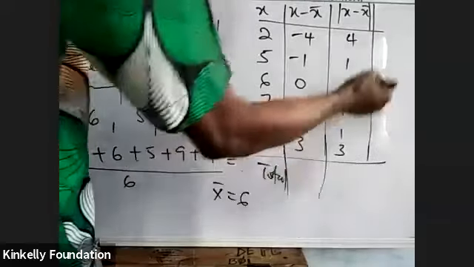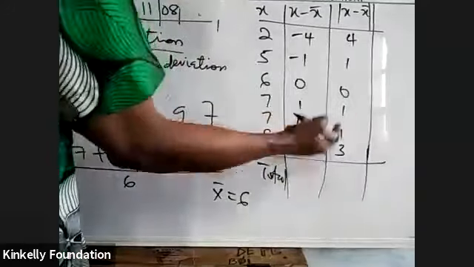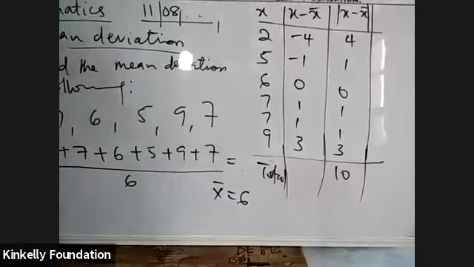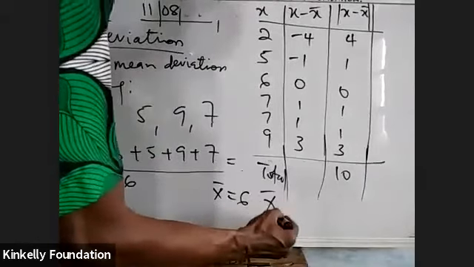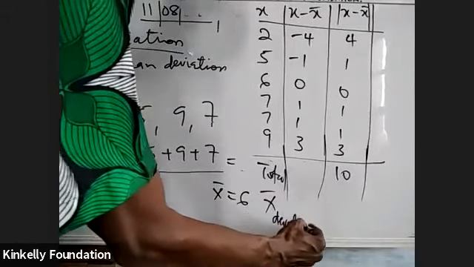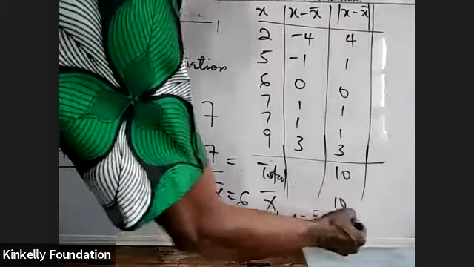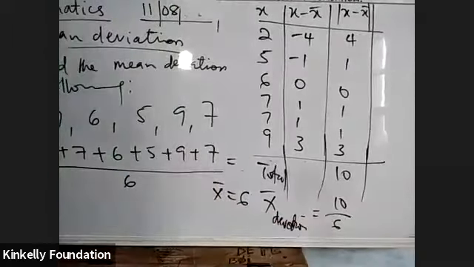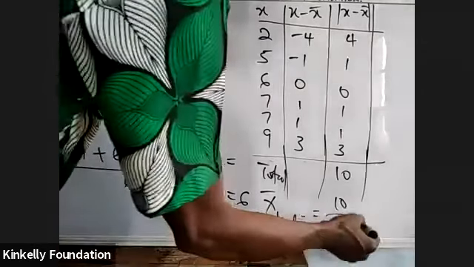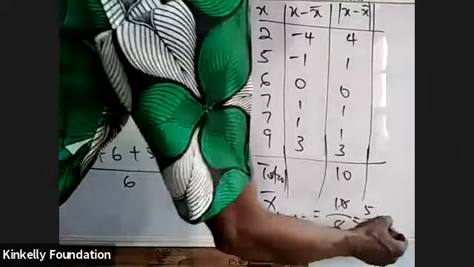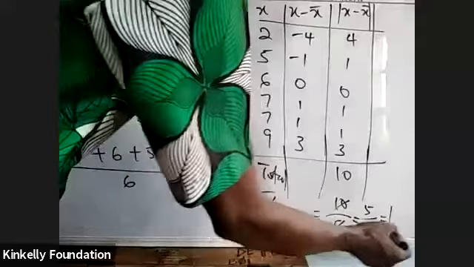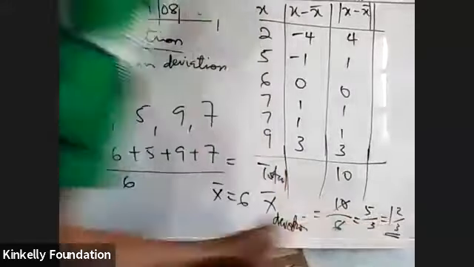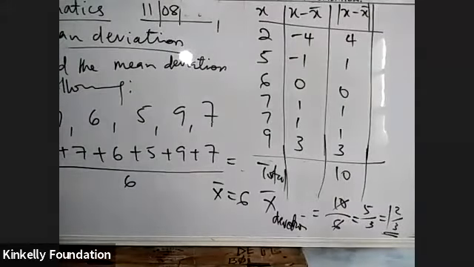The summation of this gives us 10. Now the mean deviation will be 10 over 6, which gives us 5 over 3, which is 1 whole number, 2 over 3. So this is the mean deviation.